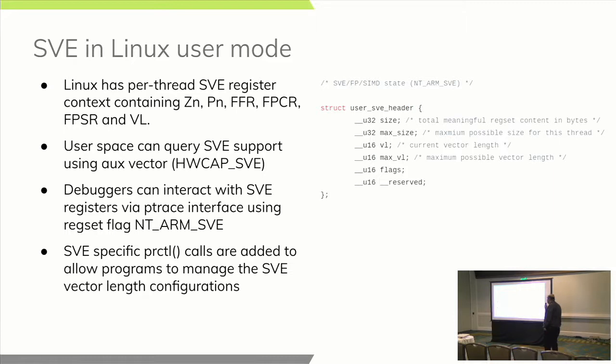So the figure shows the SVE user header. This is the header which we get when we ask the ptrace interface to return the NT_ARM_SVE regset. So let's talk a bit more about it.